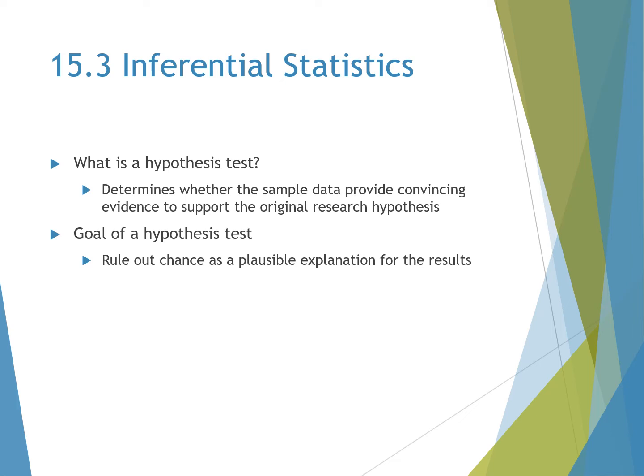Does our sample data produce convincing evidence to support the research hypothesis? The goal of the hypothesis test is to ensure the internal validity of a research study and rule out chance as a plausible explanation of the finding. We want to be sure that our independent variable affects our dependent variable and nothing else affects that relationship.